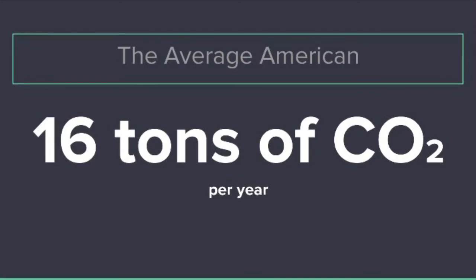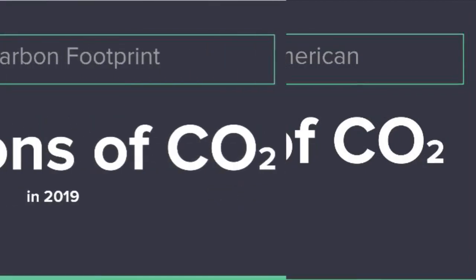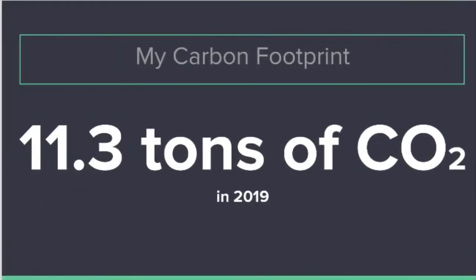So for my footprints, I actually used 3 different sources to calculate them, just so that I could get a really good number because they all ask different questions. So I wanted to average them and get a good number. So as you can see, my carbon footprint during 2019 was 11.3 tons of CO2.